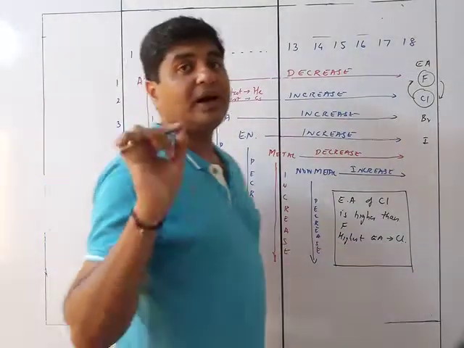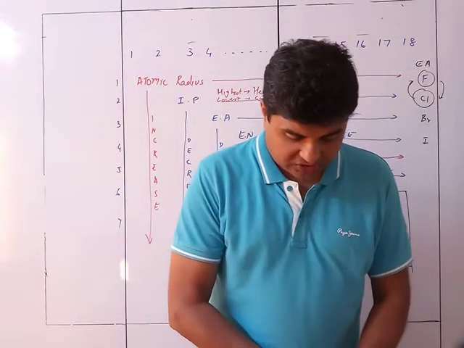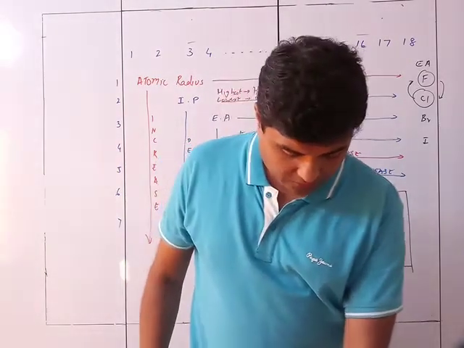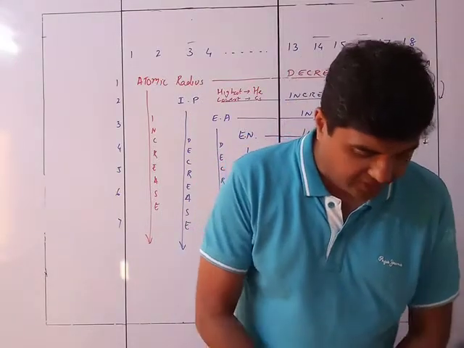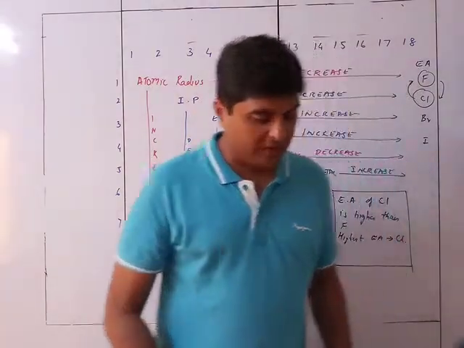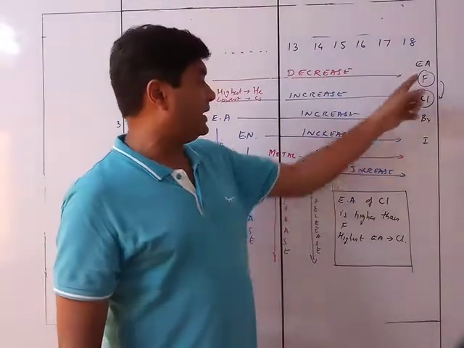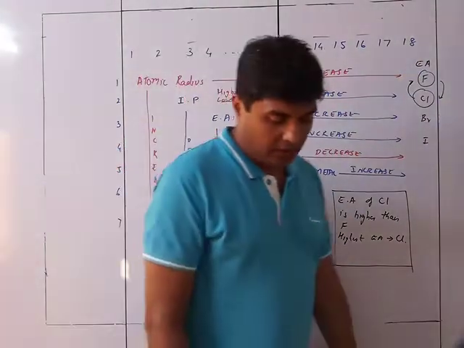Chlorine has got the highest electron affinity, and electronegativity wise, again the same thing. Fluorine is the most electronegative element, so electronegativity is highest in fluorine.